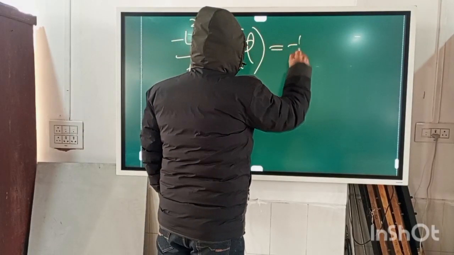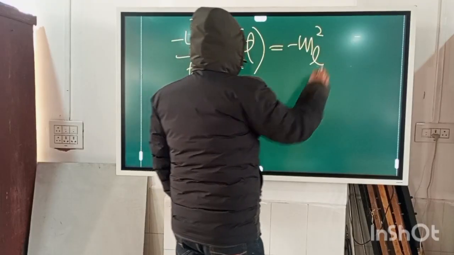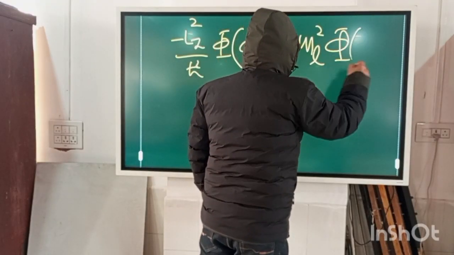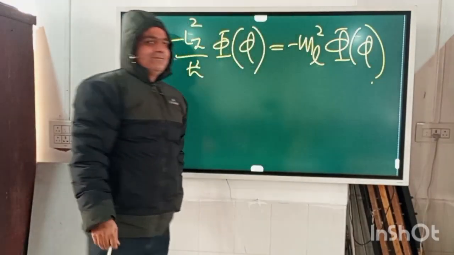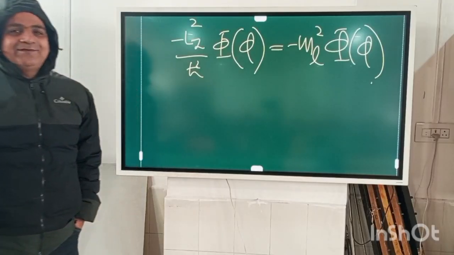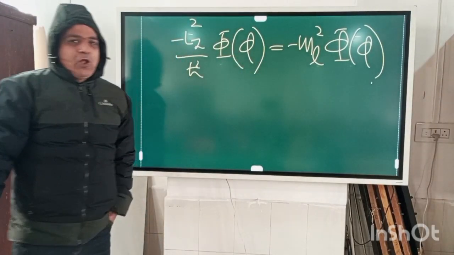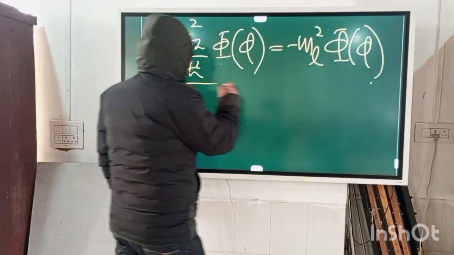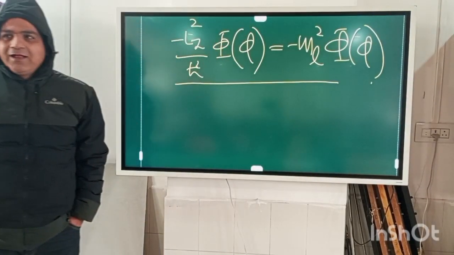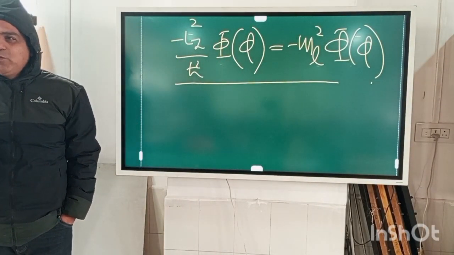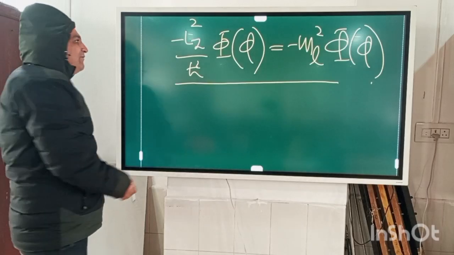And what am I getting? Minus ml² times the eigenfunction. So this minus and minus will go. This is your eigenvalue equation, right?